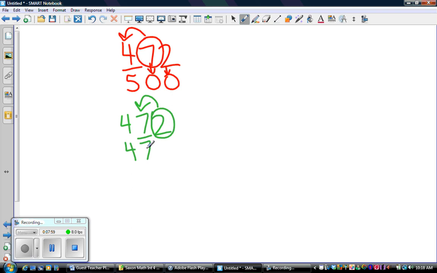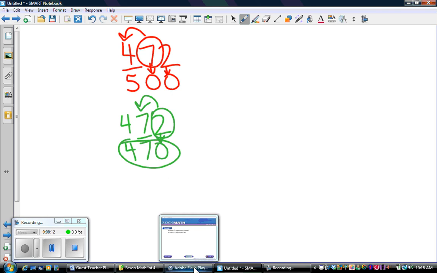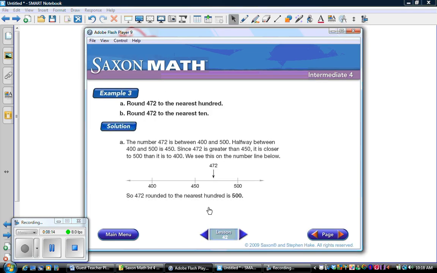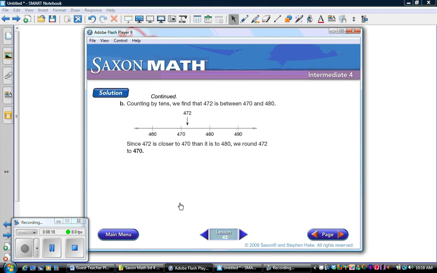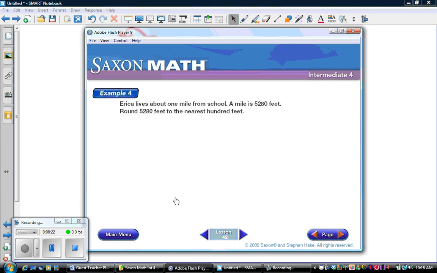So everything in the front stays the same. And the one we circled, everything to the right pops down as a 0. So rounded to the nearest 10, it's 470. Okay, and sometimes it's more appropriate to go ahead and round to the nearest 100, and sometimes you need your answer to be a little bit more accurate, so we round to the nearest 10.